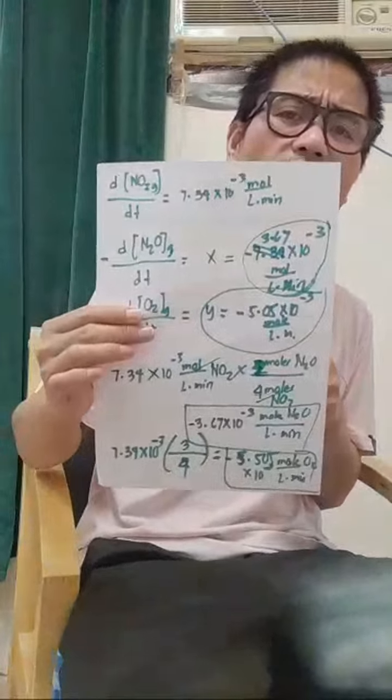Now we solve one by one again. Since we already have the individual rate, we now use this individual rate with respect to 1 mole of chemical reaction, but still using the moles in the chemical reaction.